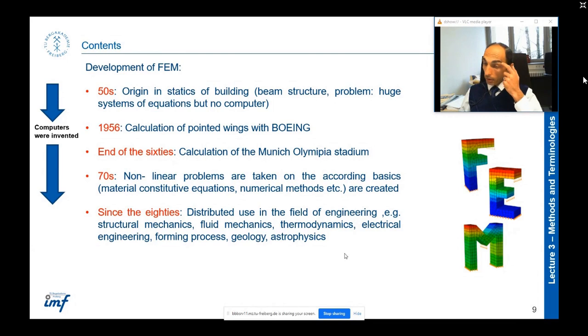And up to this moment, we do not have a better alternative to FEM. Okay, we have the finite difference method, we have finite volume, but the idea is more or less the same, but each of them is appropriate for one category of processes or physical phenomena.